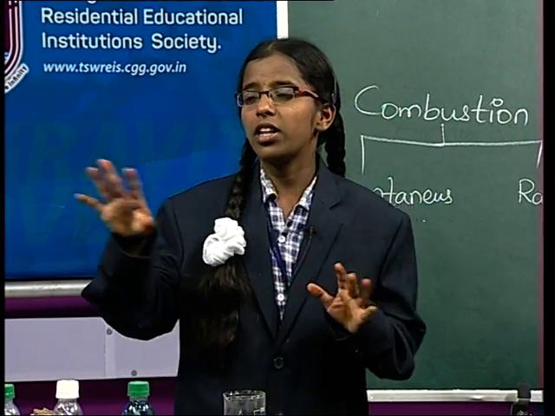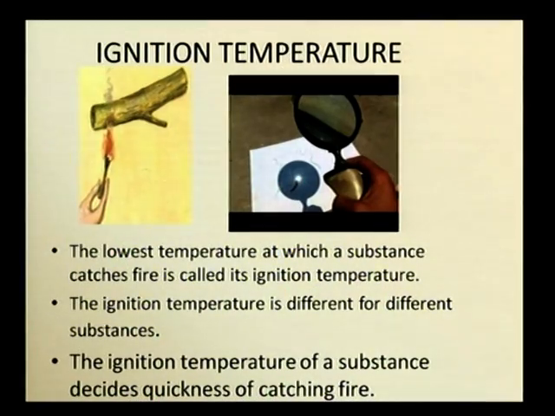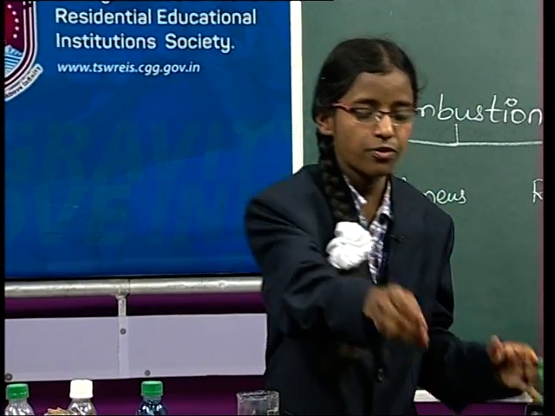Okay friends, so this is ignition temperature. The lowest temperature at which a substance catches fire is called its ignition temperature. The ignition temperature is different for different substances, and the ignition temperature of a substance decides the quickness of catching fire. We can see the ignition temperature through a lens friends.